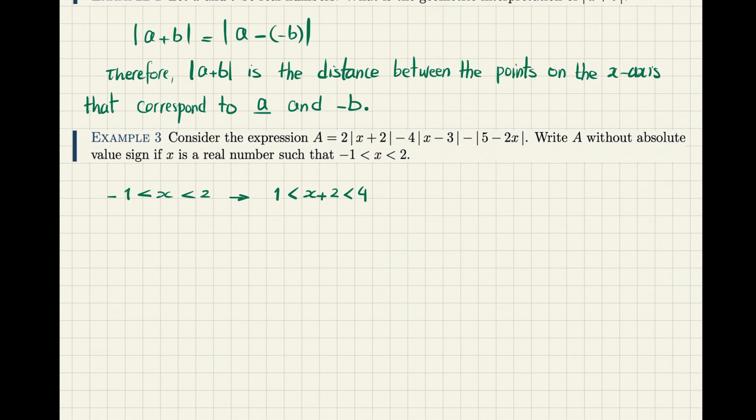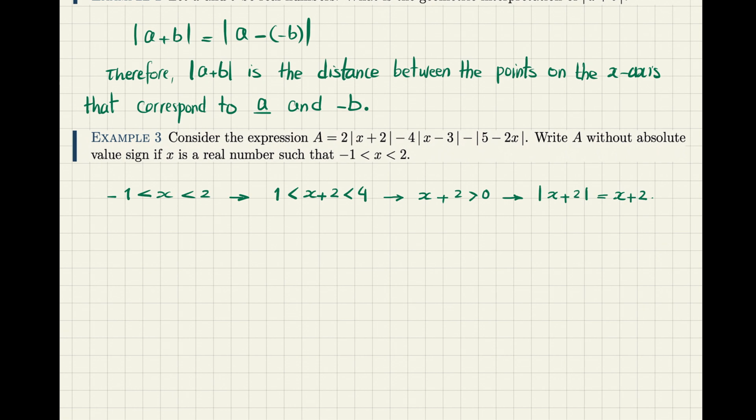Because you are telling me that x is between minus 1 and 2, I myself realize that x plus 2 is somewhere between 1 and 4. And of course, when x plus 2 is somewhere between 1 and 4, definitely x plus 2 is positive. And when x plus 2 is positive, I can immediately conclude that the absolute value of that expression is equal to the expression itself. Okay?